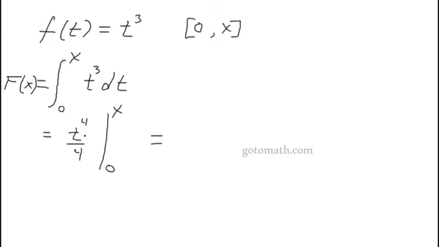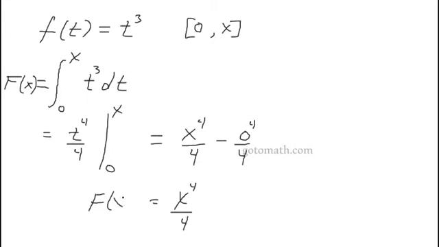And so now we plug in our upper bound, so this is x to the fourth over 4 minus 0 to the fourth over 4, and of course that's just all 0 there, but I went ahead and didn't skip that step. So capital F of x is equal to x to the fourth over 4.